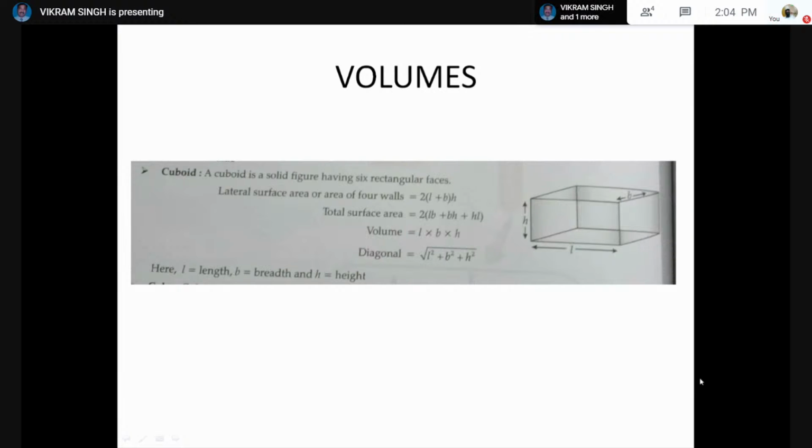So the volume of the cuboid will be L, B and H, the multiplication of all the three dimensions. Now this formula is followed by its diagonal, which is shown in the slide as the square root of the sum of the squares of all the three, L, B and H, where L, B and H are length, breadth and height respectively.